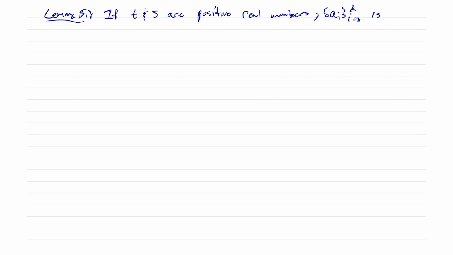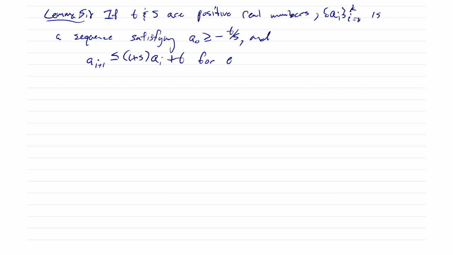So this one is Lemma 5.8, and it says that if t and s are positive real numbers, and say a_i, going from 0 to k, is a sequence satisfying this: we have a_0 is bigger than or equal to minus t over s, and we have that a_(i+1) is less than or equal to (1 plus s) times a_i plus t for each i going from 0, 1, 2 all the way up to k minus 1.